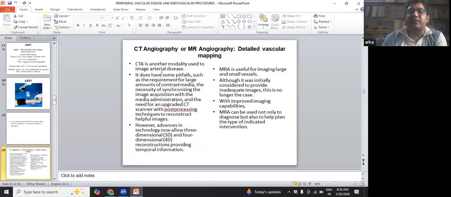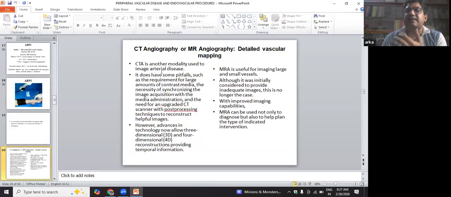MRA is useful for imaging large and small vessels. Although it was initially considered to provide inadequate images, this is no longer the case with improved imaging capabilities. MRA can be used not only to diagnose but also to help plan the type of indicated intervention, because MR angiography can also delineate whether there has been development of collaterals or not.